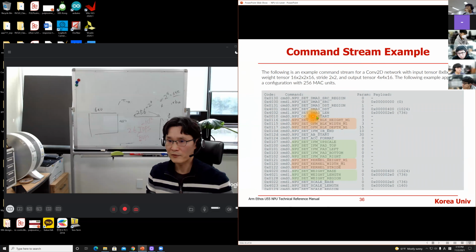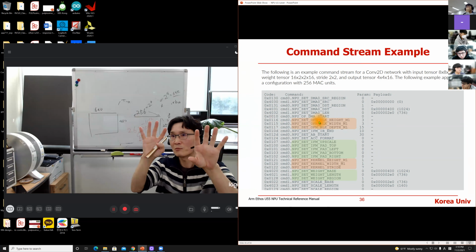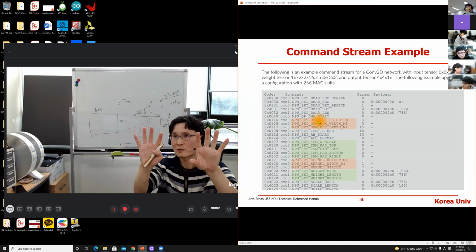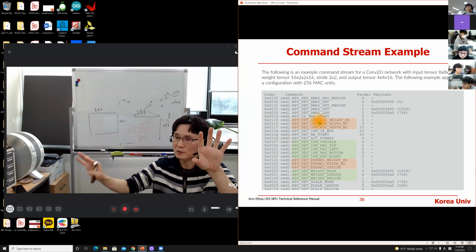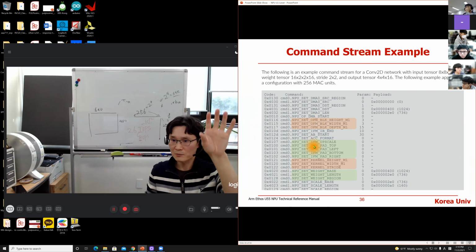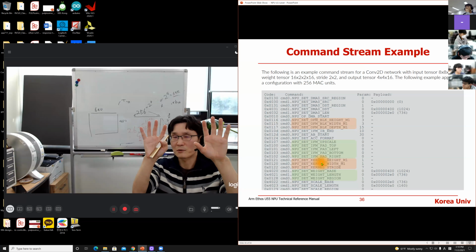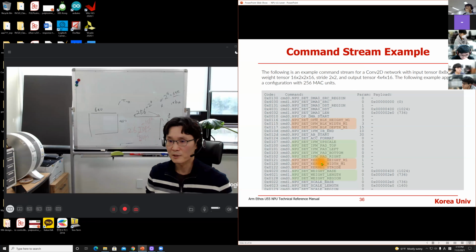OFM is the output feature map. You have an input image, then convolution, and after going through convolution you have the output, the output feature map. The input feature map is the input image. And kernel is, for example, the filter.